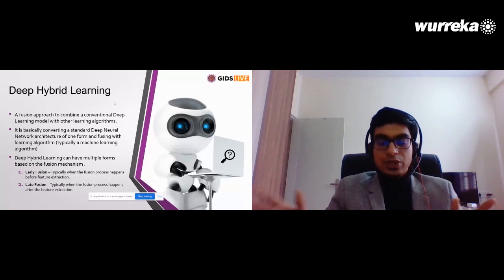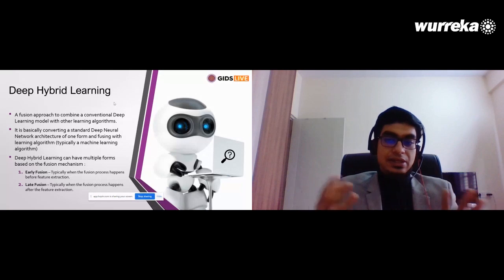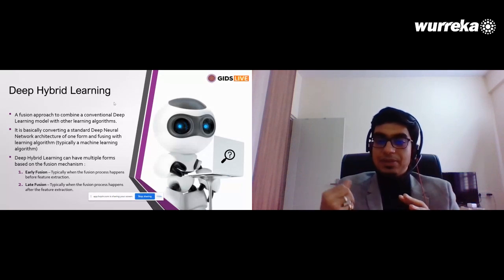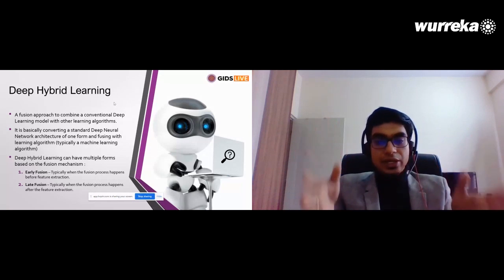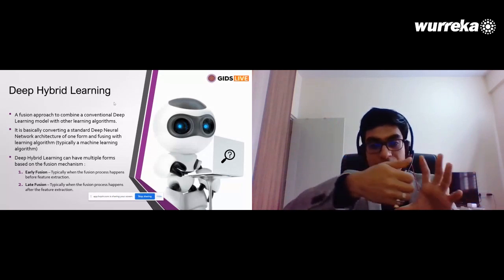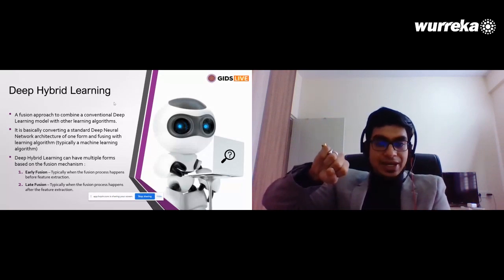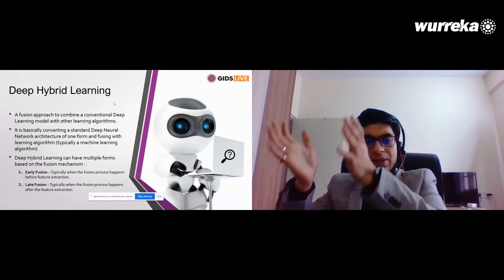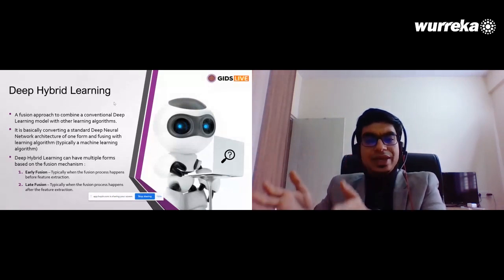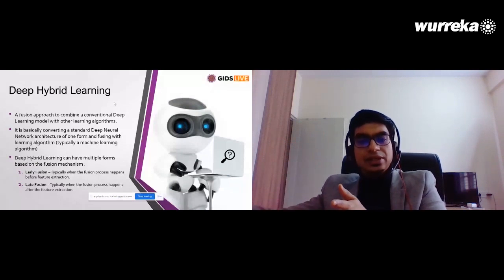So if we talk about a typical deep learning architecture, especially, let's take the example of the image classification domain, we would have a layer of convolutional neural networks, which would be used to do the feature extraction part. When the features are extracted and the feature vectors are formed, we would typically have a few layers of fully connected network, and after that we get the classification result.